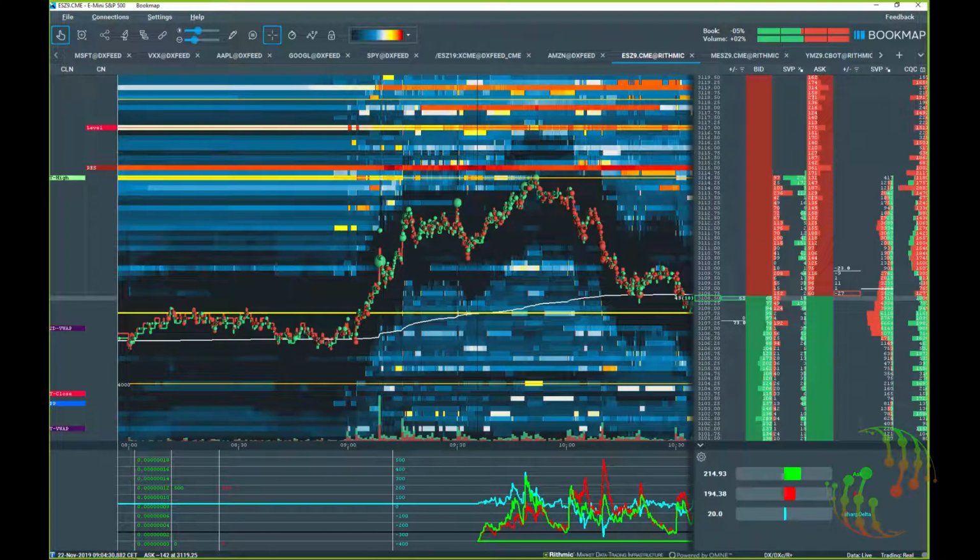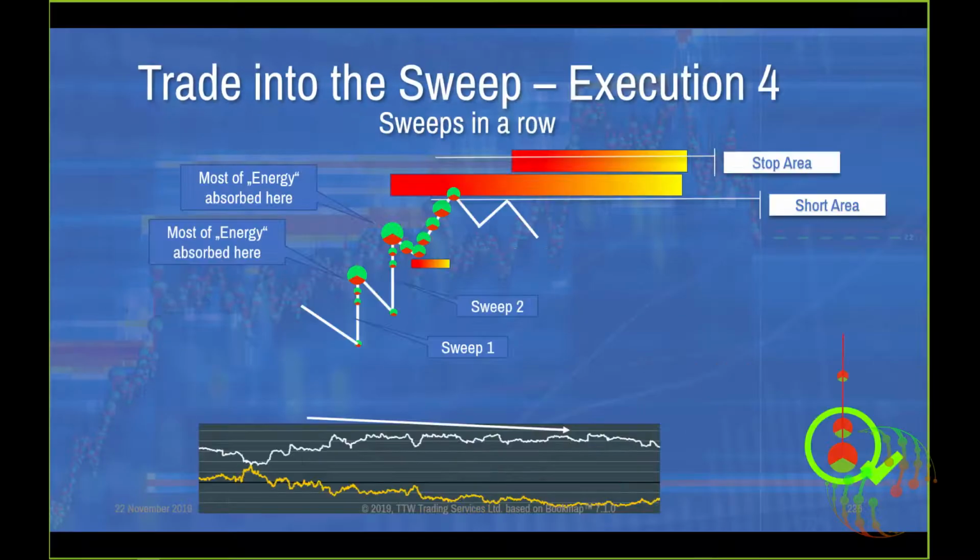We had a slide, and let me show you. This one: Execution 4, trade into the sweep. Sweeps in a row. We talked yesterday about this variation because it happens more. A sweep happens, then normally the price is retracing because at this moment there is no more energy to push the price further up.